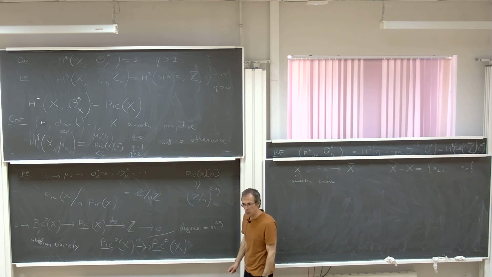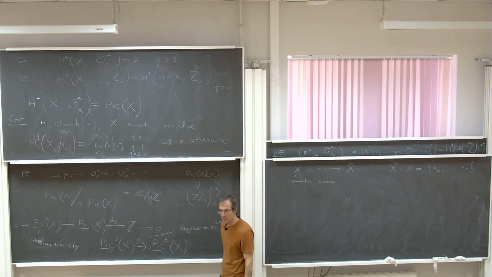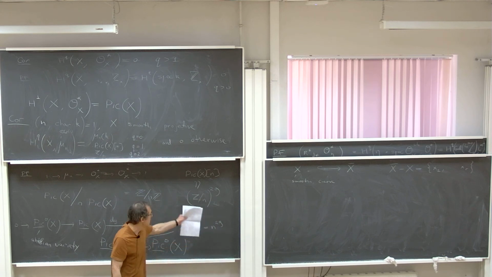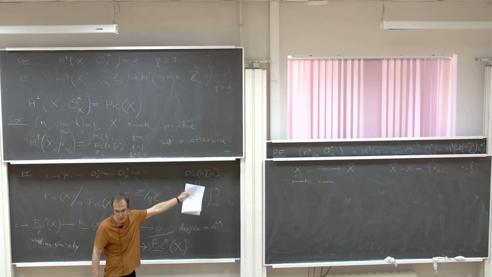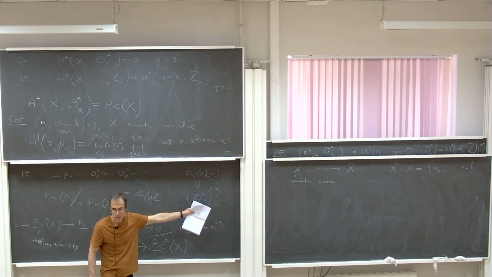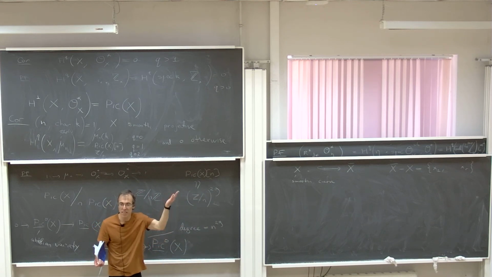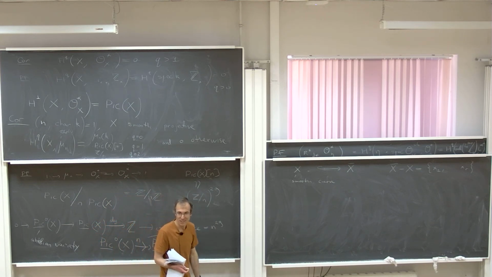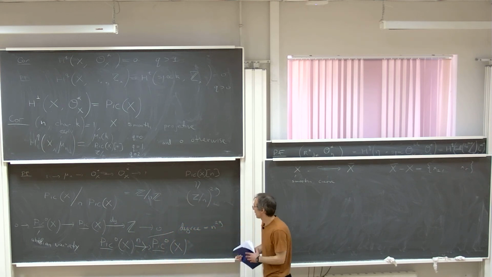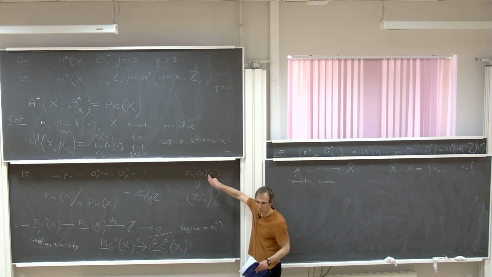But now, using a divisibility argument, you can show that this is actually isomorphic as an abstract group. So, it's formal. So for example, suppose n is equal to p squared. So what do you know about this group? P squared torsion in an abelian variety.